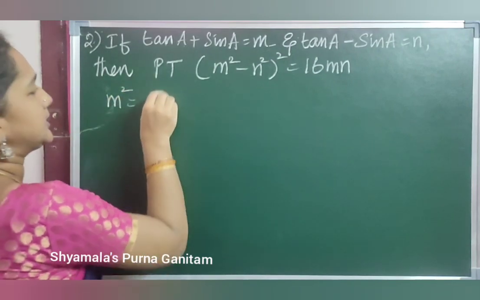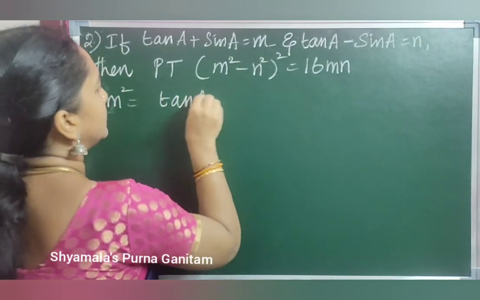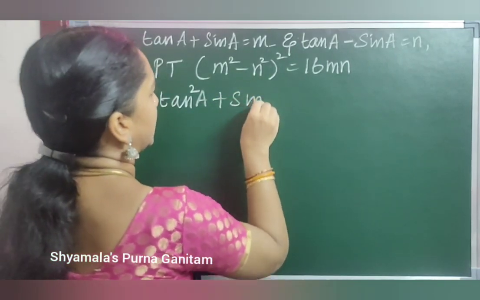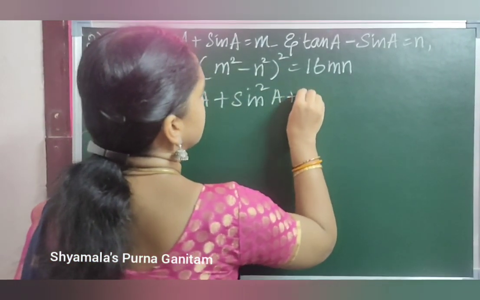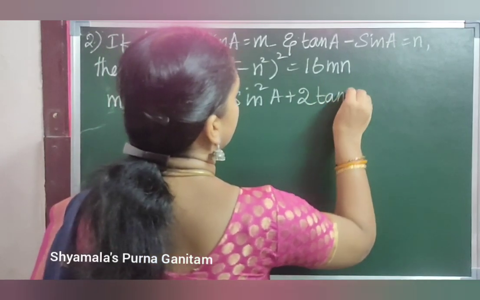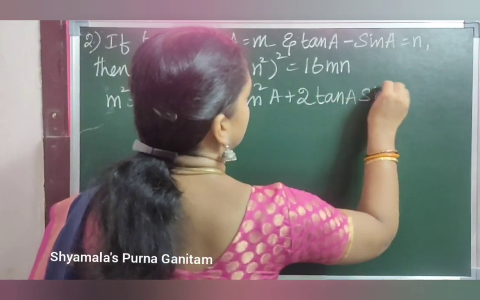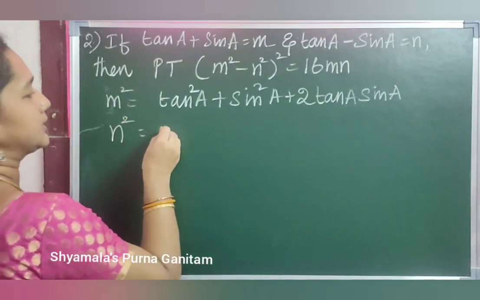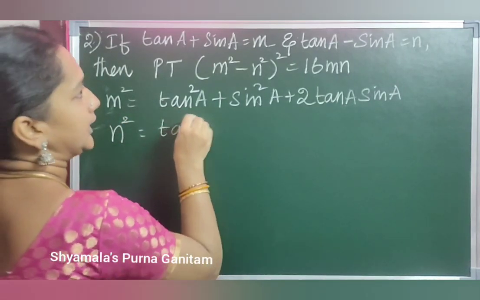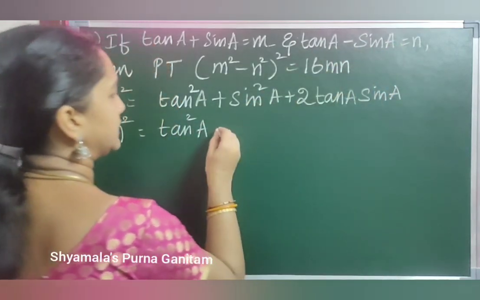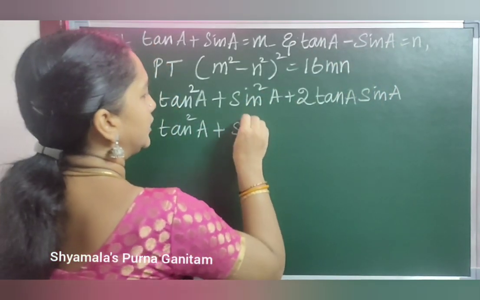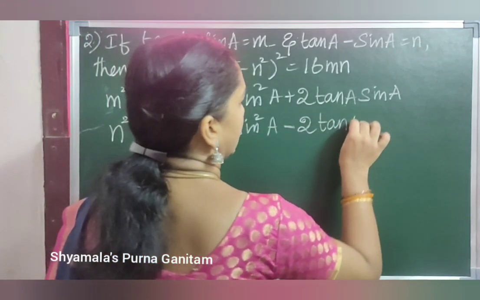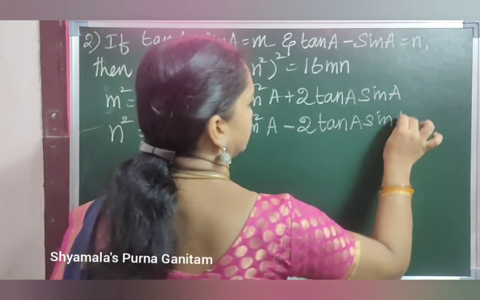So m squared is, we will do it directly, tan squared A plus sin squared A plus 2 tan A sin A. So this is our m squared. Then n squared is tan A minus sin A, so tan squared A plus sin squared A minus 2 tan A sin A.